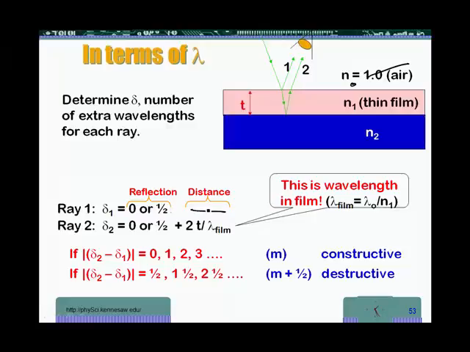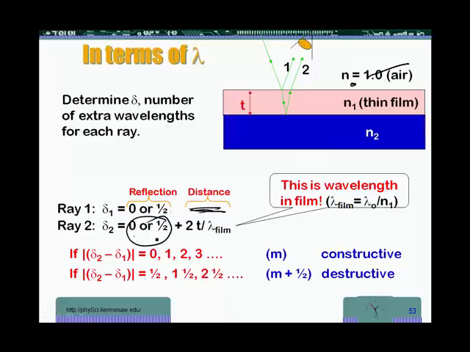And there is no change in the wavelength due to the distance. Now, for the second ray, depending on the relationship between n1 and n2, there might be a phase change resulting in 0 lambda or lambda over 2, like we talked about in the previous screen.